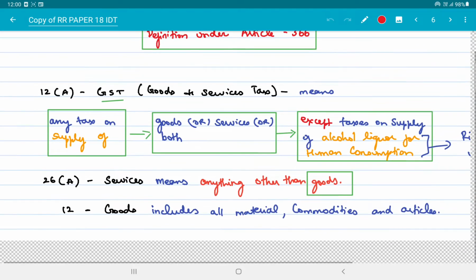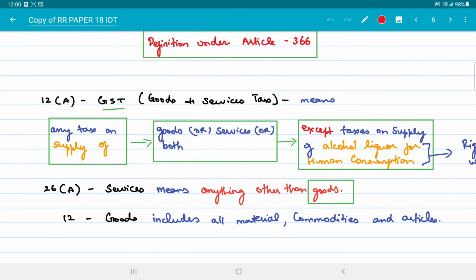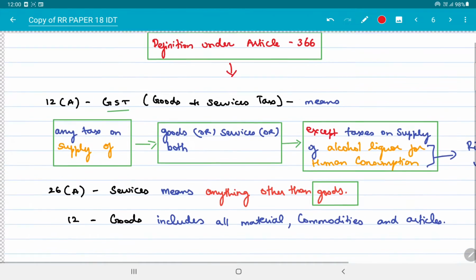Then how GST came, how the definition of GST came, we are going to see that. So Article 366 defines GST, defines goods, defines services. Under Article 366 we are going to see all these definitions.